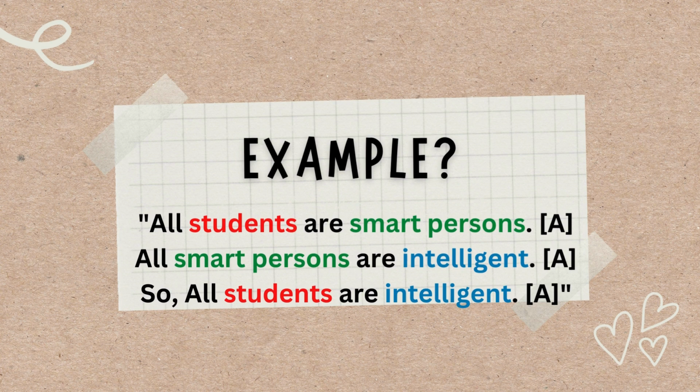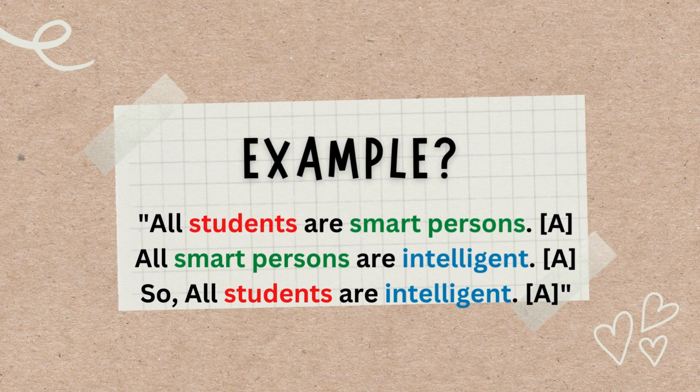Premise 2 also belongs to type A, the universal affirmative proposition. The conclusion, premise 3, also has "all", the subject "students", "are", and the predicate "intelligent", so it is also type A, universal affirmative.